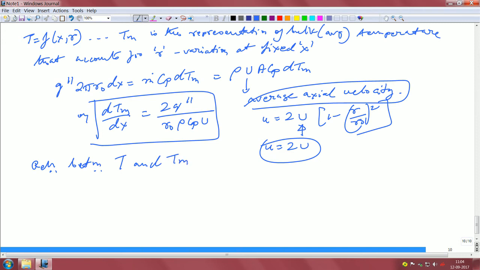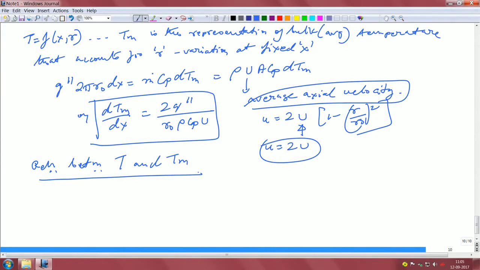That is what we are going to do before we end this lecture. We said that T varies with x and r. Tm takes into account that r variation at fixed x, right. So, there must be a relationship between Tm and x, which we need to establish.